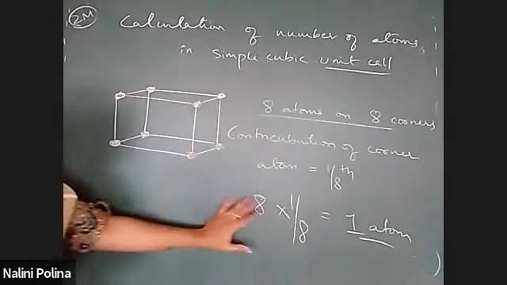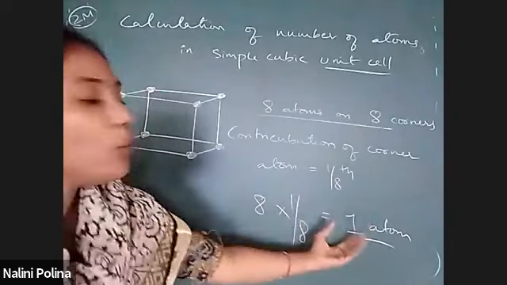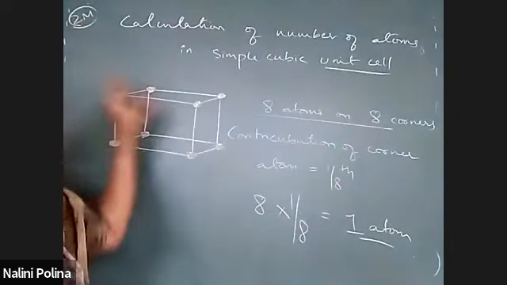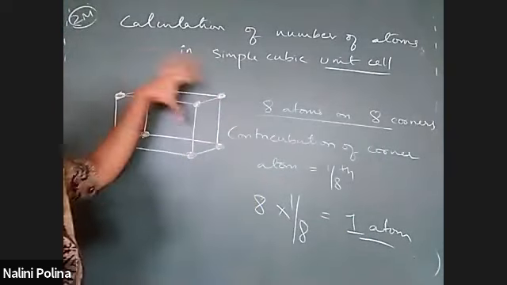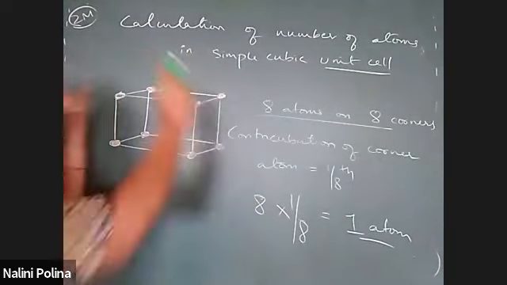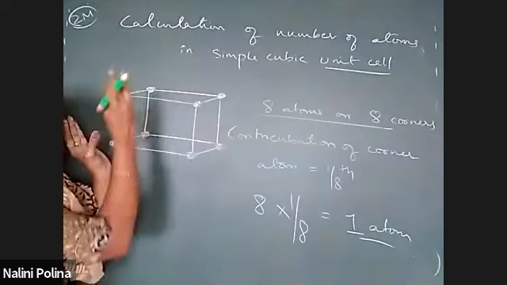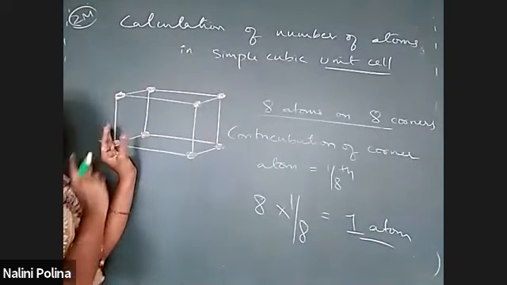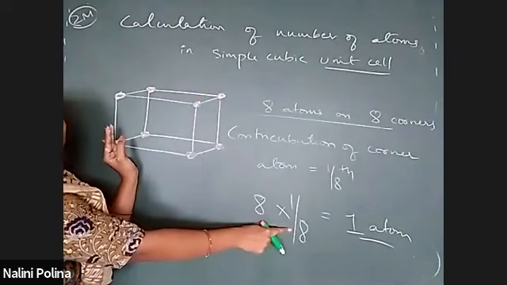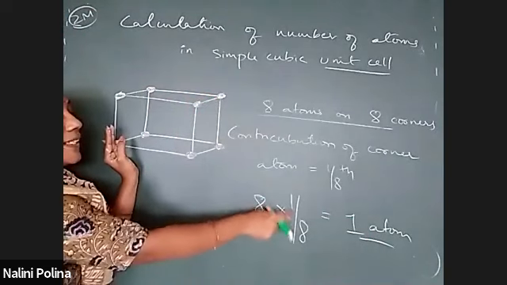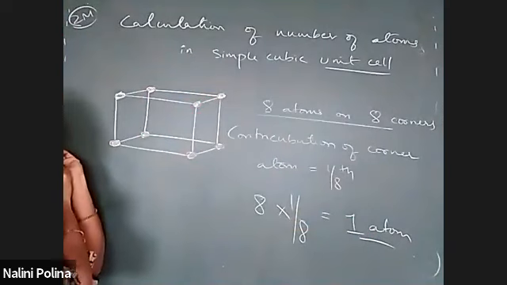So altogether 8 into 1/8 is equal to 1. It seems there are 8 atoms at the corners, but the actual number of atoms that belong to one simple unit cell is 1 only, because each atom's contribution is just 1/8. So 8 into 1/8 is just 1 atom.